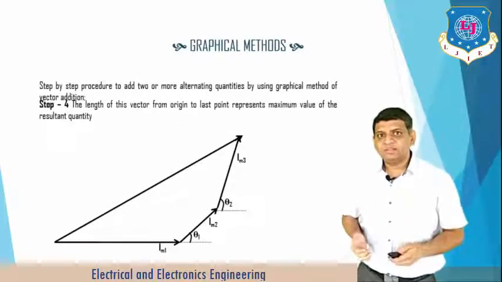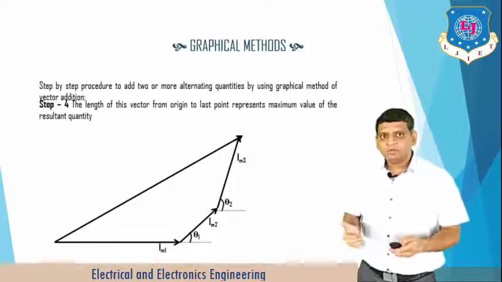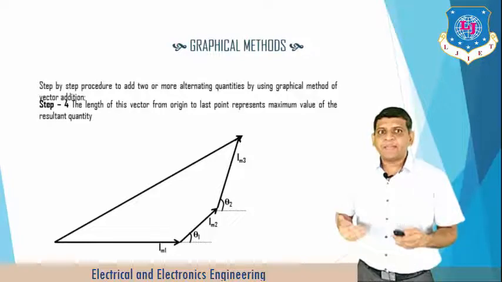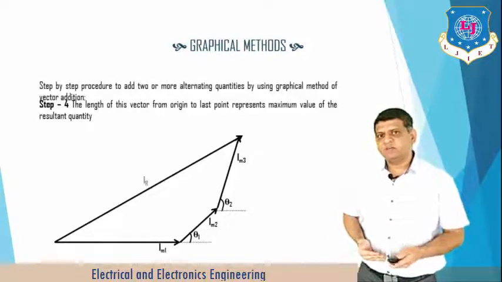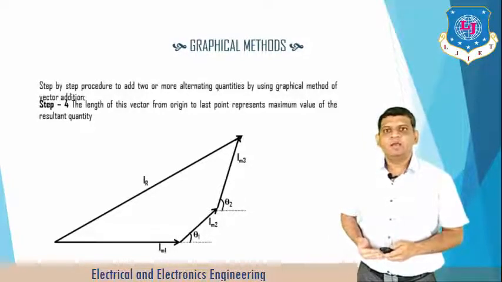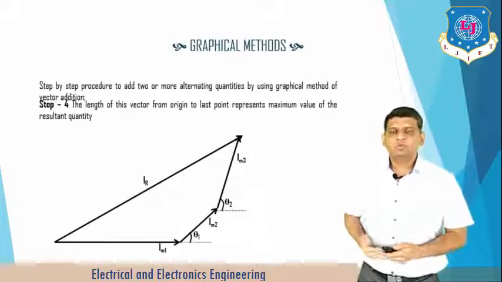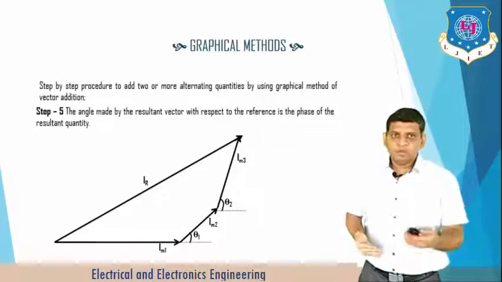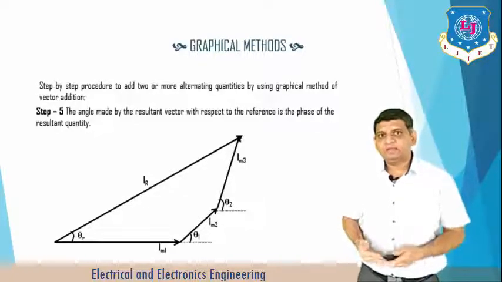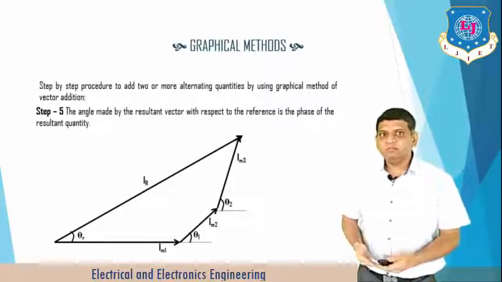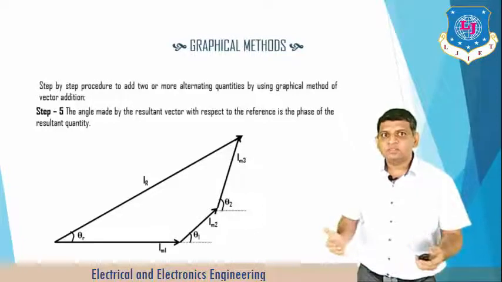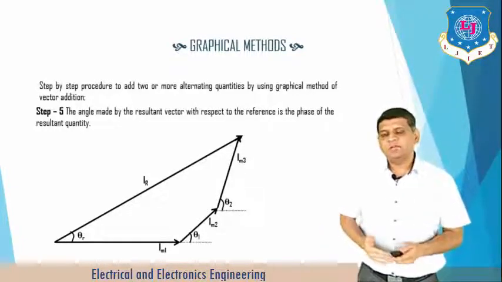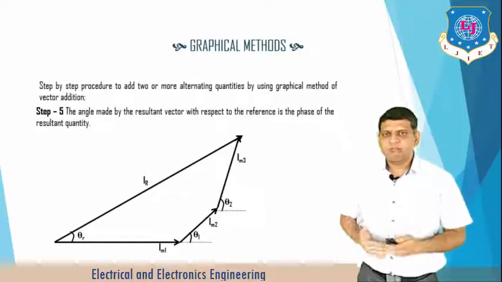The length of this vector from the origin to the last point represents the maximum value of the resultant quantity, and that is called my IR, the resultant magnitude of the current, with the angle theta. We define the angle theta, made by the resultant vector with respect to the reference, as the phase of the resultant quantity. This method we define as the graphical method, right?